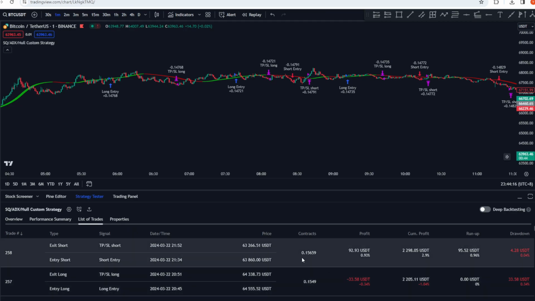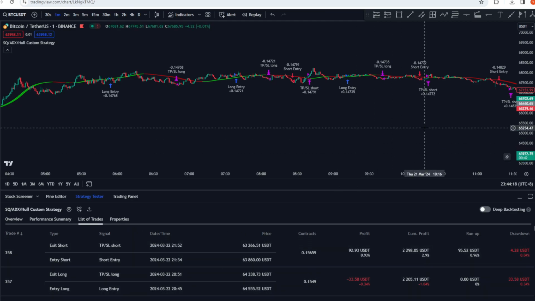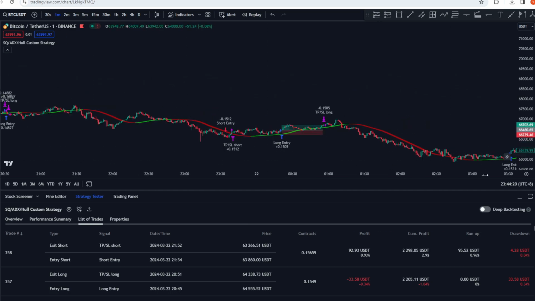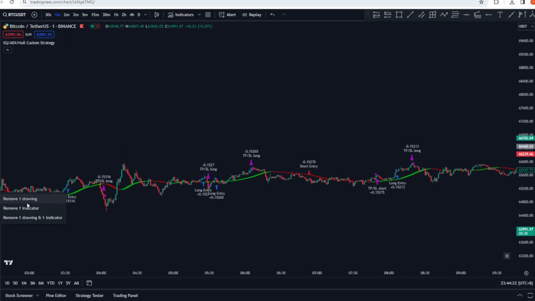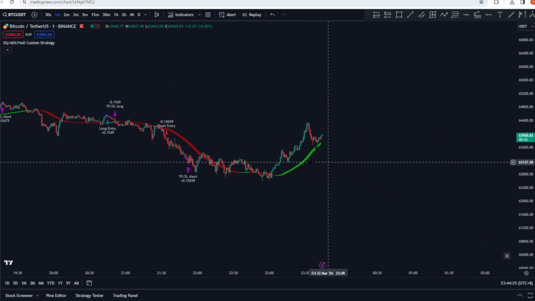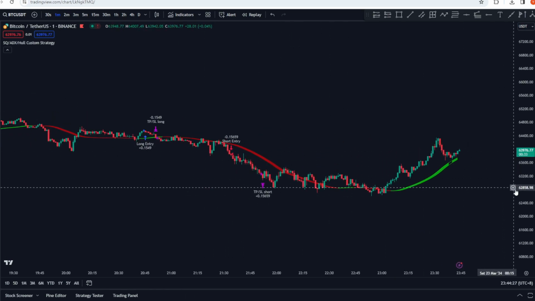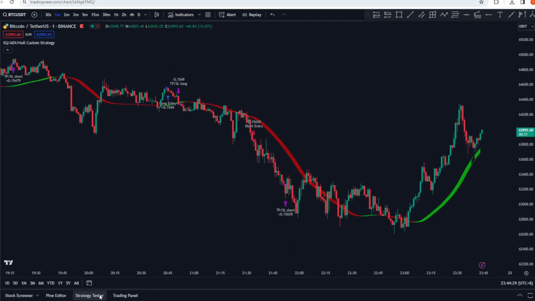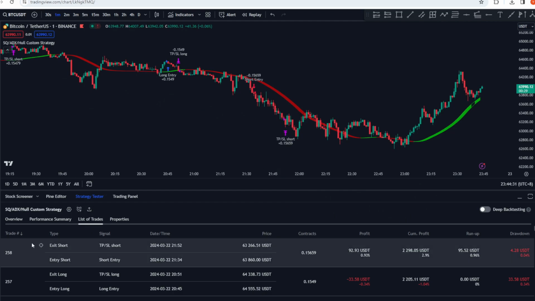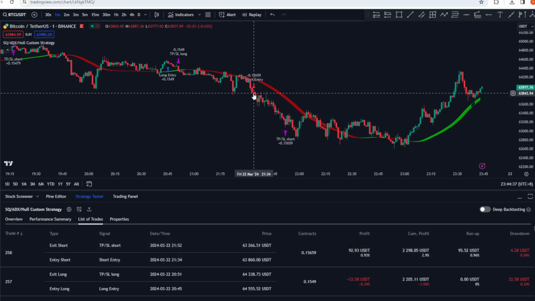and you guys can also dig into the specific trades itself. So if we zoom back to the most recent trade, so here is our most recent trade. If you look at the strategy tester, it is trade 258. The date and time of entry is 2134, which is right here, exactly the same. 2134, we have a short entry.